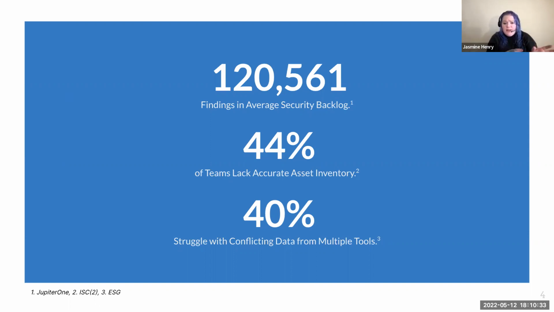If an asset is deployed with automation, I think you can't hope to manage it manually. You need automation to do asset inventory. And then 40% of organizations are struggling with conflicting data from multiple tools.